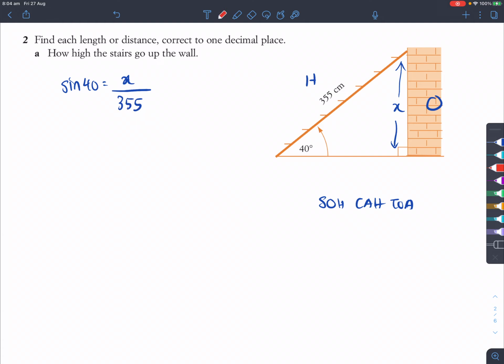If I now multiply both sides by 355, which is the opposite of dividing by 355, dividing by 355 and multiplying by 355 cancel, so that x is equal to 355 sine 40, which on my calculator gives us 228.18... There are more numbers after that. When we round this to one decimal place, like it says in the question, it will be 228.2 centimeters.